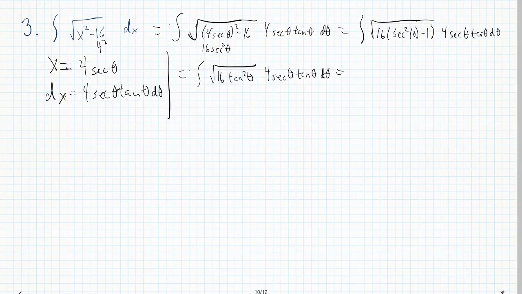And this becomes, after this part here, we'll get 4 tangent theta secant theta tangent theta d theta, meaning this whole thing is 16 times the integral of tangent squared theta times secant theta.